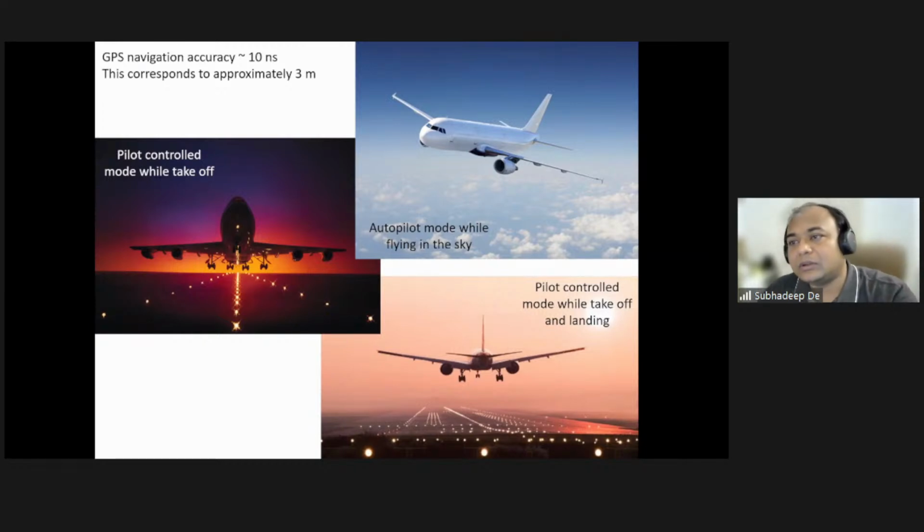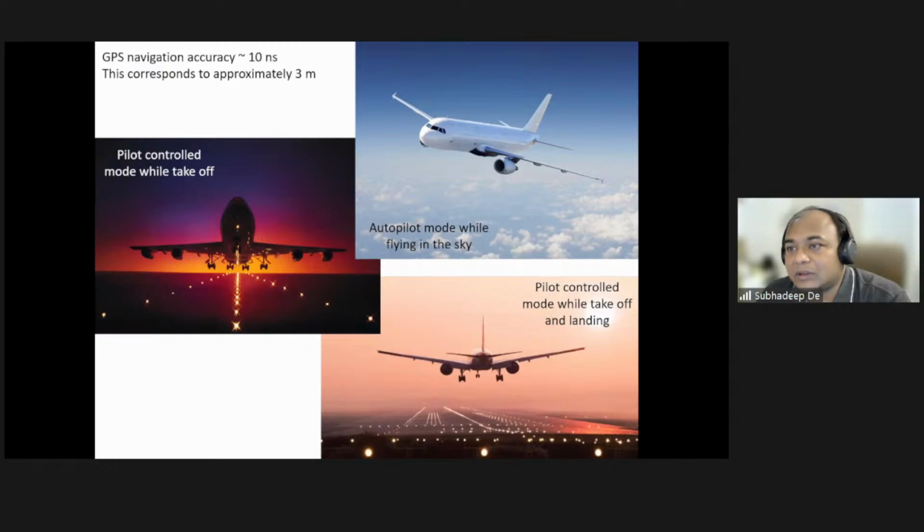So it could be on the runway or it could be off the runway. So it doesn't work yet. That's why during these two times the pilot has to control the plane by himself and look by his own eyes, or use light guides, and take it for the landing or takeoff.